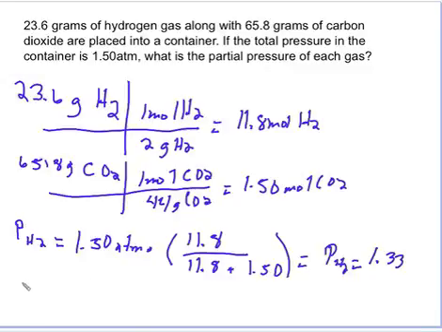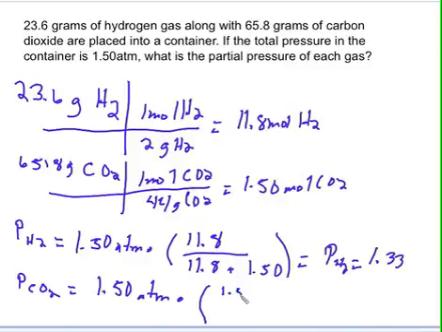Then you could do the same thing for the CO2, so you're going to take the total pressure, 1.50, and multiply that times the mole fraction of the carbon dioxide, which is 1.50 divided by 11.8 plus 1.50.